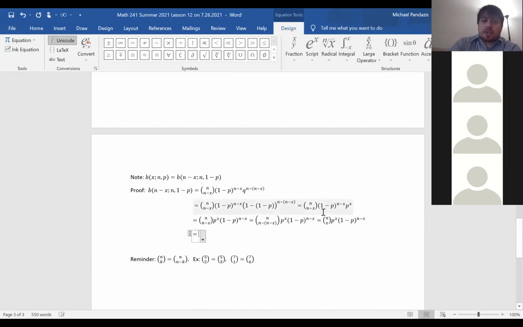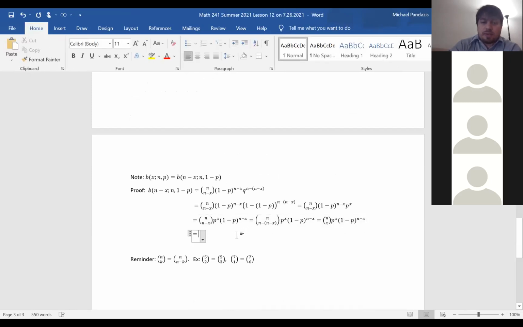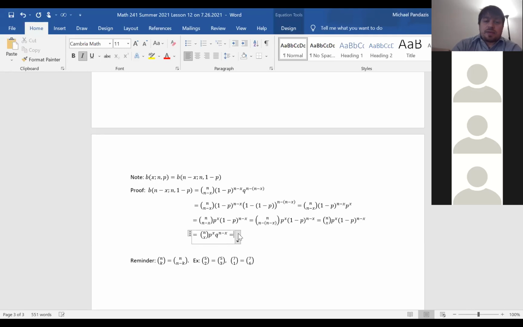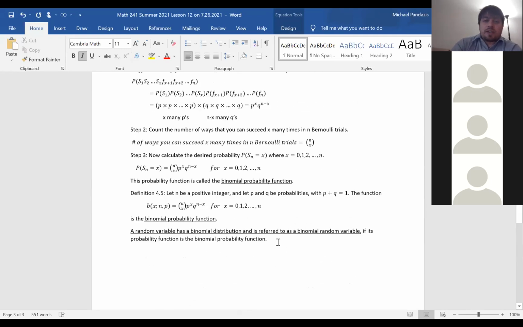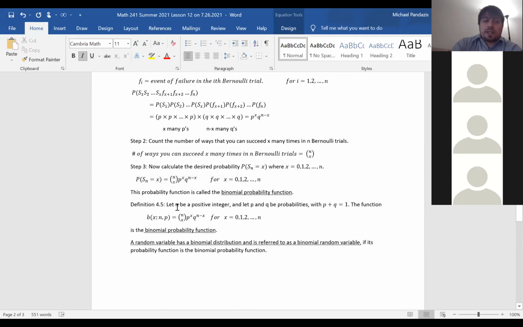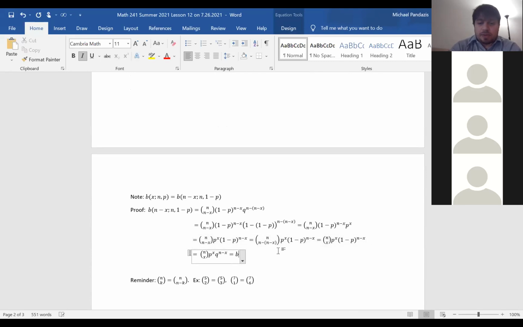This is equal to, I'm putting every step in, so some of these steps can be skipped, and this is q to the n minus x. And so that's equal to, q is 1 minus p. And so then that's equal to b of x colon n comma p.